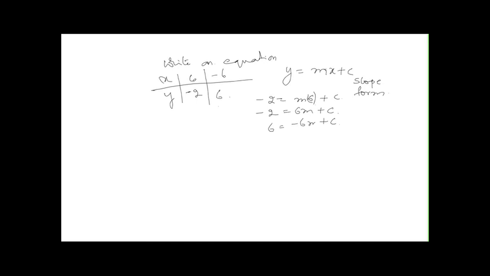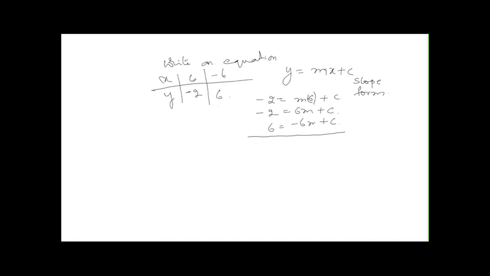Now subtract the first equation from the second equation. Don't add. If you add, 6m will get cancelled, and you will get the value of c. We are finding the value of m.